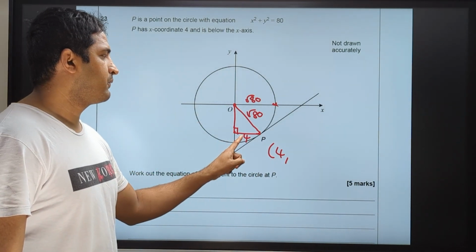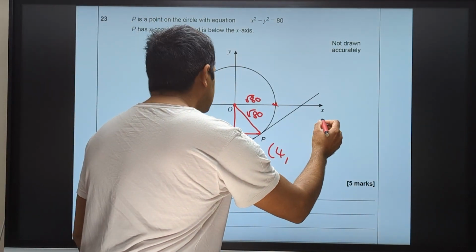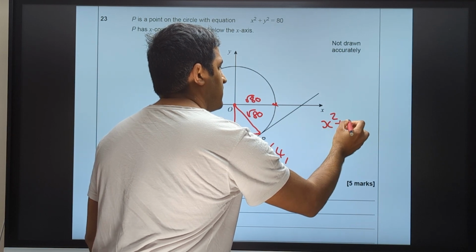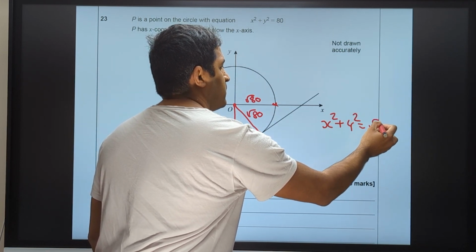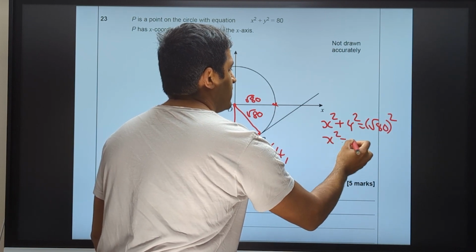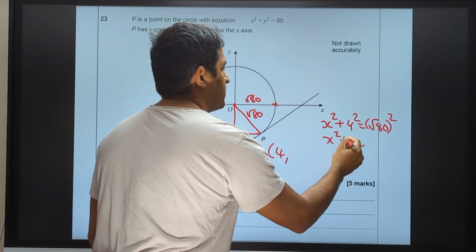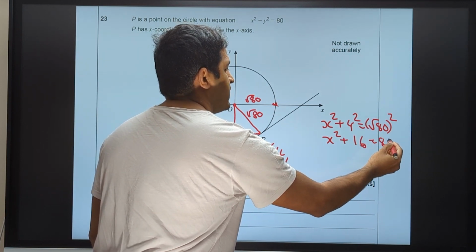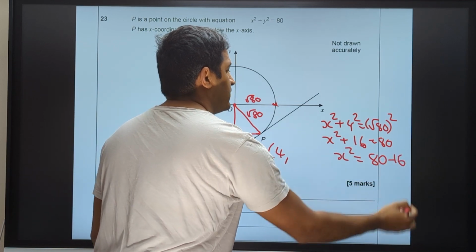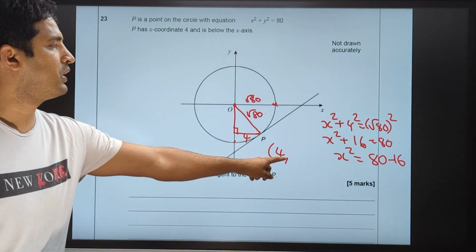Something squared plus 4 squared is equal to root 80 squared. So we know the something squared plus 16 equals 80. So the something squared is equal to 80 take away 16. We can put that in the calculator.